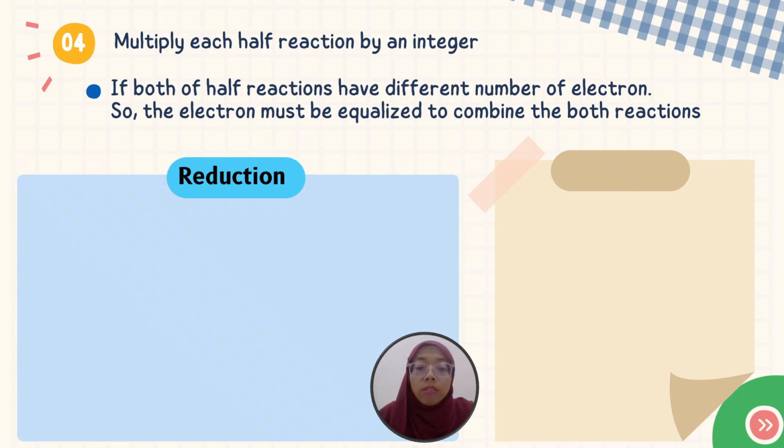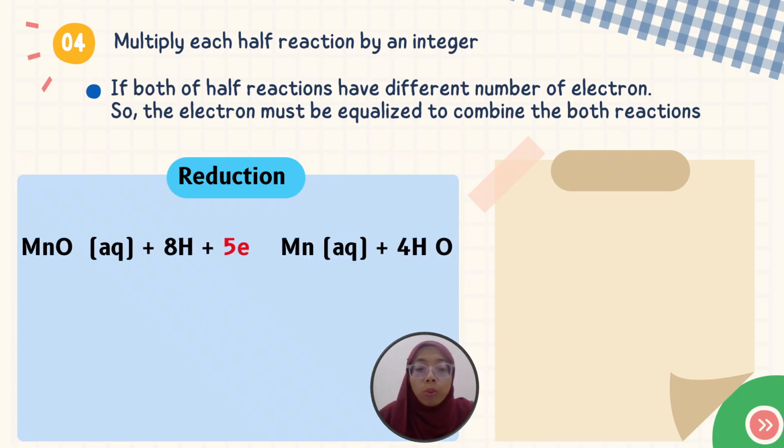In reduction, for example, we look here: MnO4 minus plus 8H plus plus 5 electrons producing Mn2 plus plus 4H2O. So here there are 5 electrons in the reduction part. 5 electrons are gained in reduction.